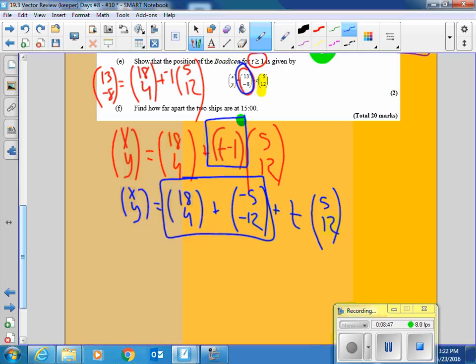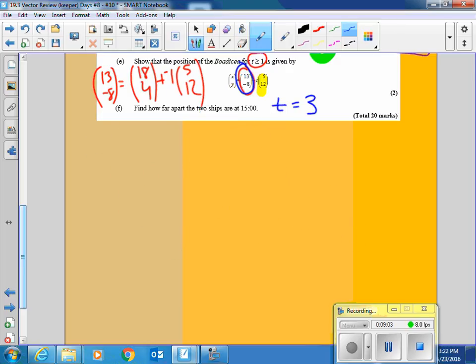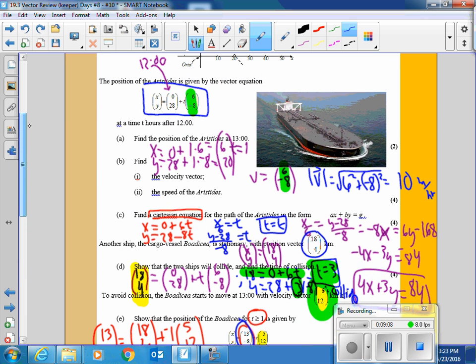So it says, how far apart are the two ships at 1500? This is going to be at t equal to, if we start at 12, it'll be t equal to 3. And if you want to do this real quick, what you do is you take the first one at the beginning, put a 3 in here, t equal to 3. I'm going to get a point (18, negative 24) plus 28, which is (18, 4).